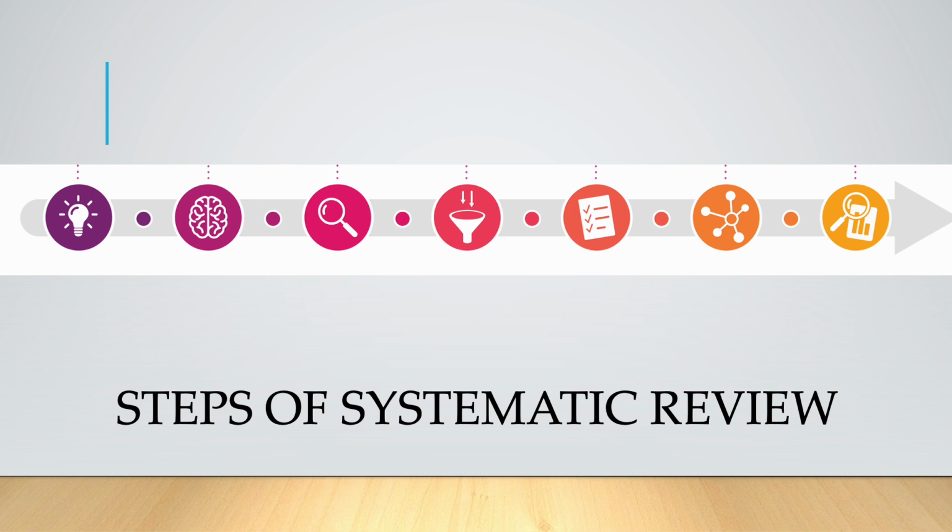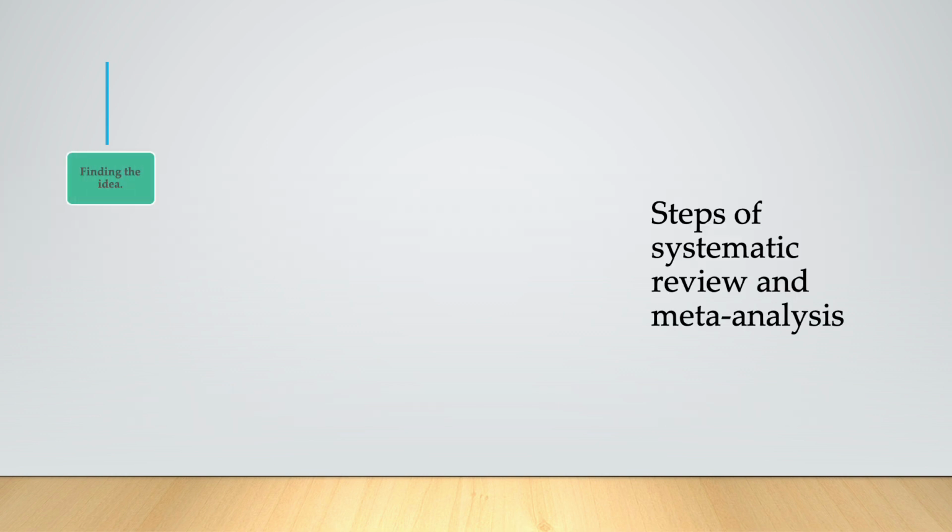Steps of systematic review and meta-analysis. First step, finding the idea. The idea for a systematic review and meta-analysis must be valid. Sometimes we have an idea for a systematic review and meta-analysis, but it's already been done by someone and published. So this is actually an invalid idea.